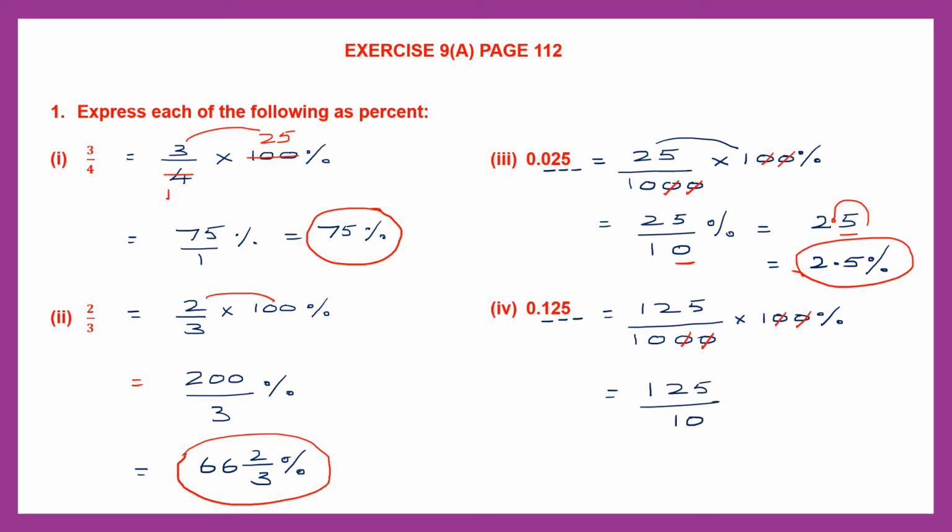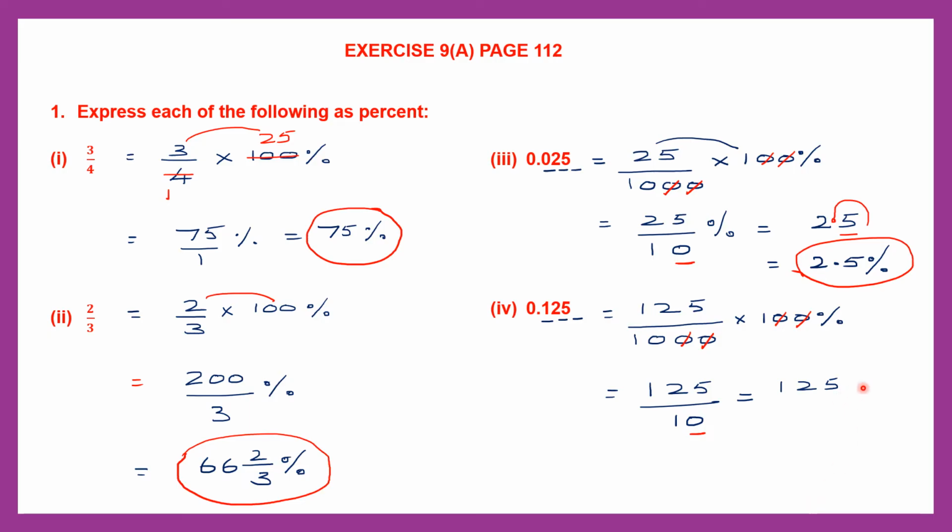Since my question is a decimal number, my answer also I'm going to make a decimal number. So what am I going to do? I'm going to write the numerator 125, and then I'm going to look at my denominator here. There is 1 zero. That means I should have one decimal place in my answer also. So 1 zero means one decimal place.